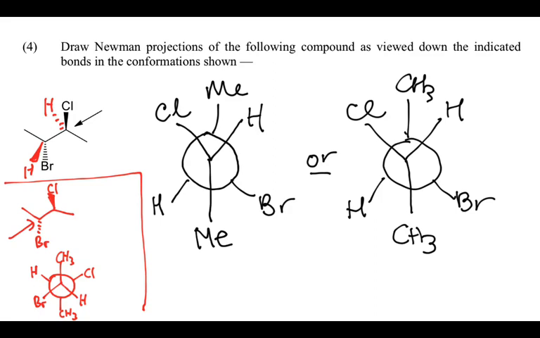Make sense? Yes? Does it matter, say, if you wrote the chlorine and the hydrogen switched, would that still be right? Oh, I see. If you wrote it with these two guys switched like this, then it will be wrong.